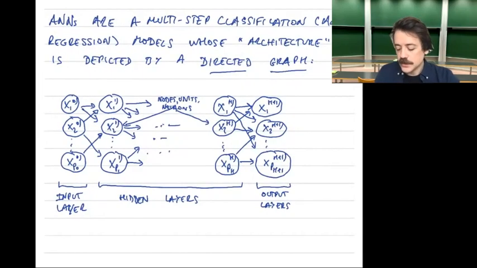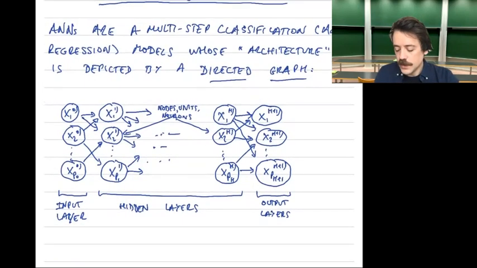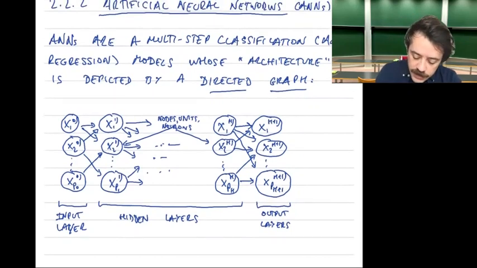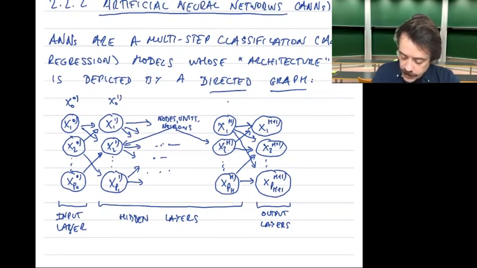Okay, and in neural networks, there are also additional nodes that on many occasions are not represented, but let me represent them for clarity. So these are going to be x naught naught, x naught 1, for every layer except for the output layer.